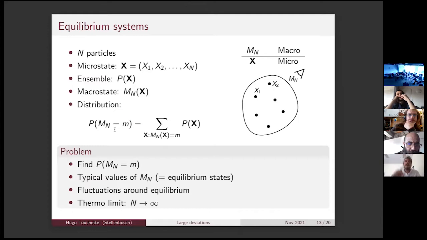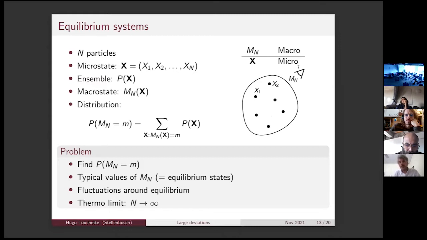So here we follow very much what Boltzmann did in the first place. Boltzmann was, of course, also involved in establishing statistical mechanics. So the idea here is that you're looking at n particles. So you have a system with many particles, and then you can label the state of each particle, and that will define the microstate. That's the microscopic configuration.